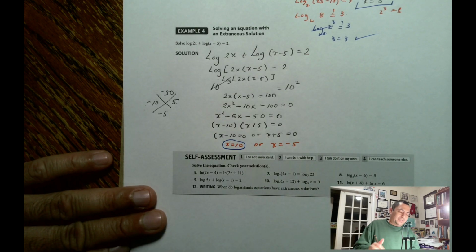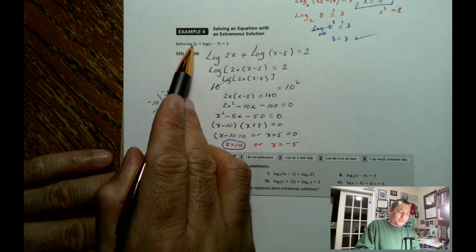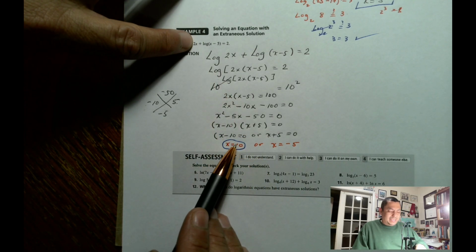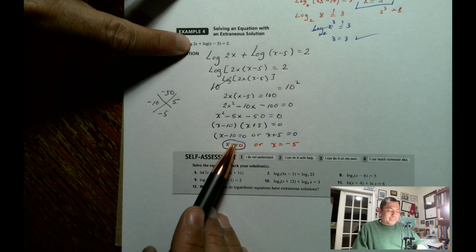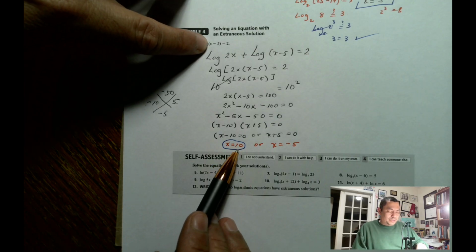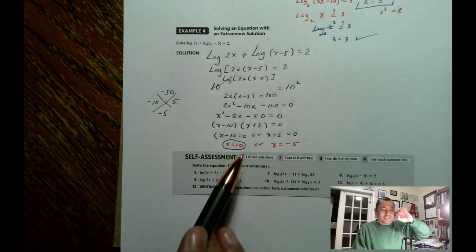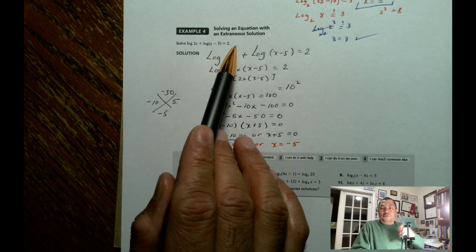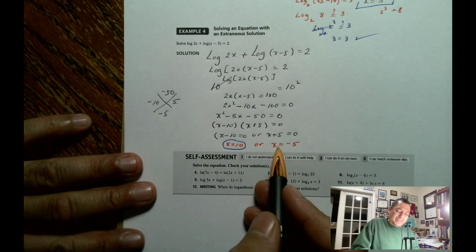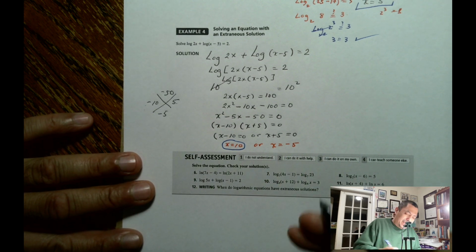Okay, so in this case, if you plug in, 2 times 10 is 20, and then I have 10 minus 5 is 5, and if we condense, we're going to get 2. But with negative 5, I'm going to focus on negative 5.